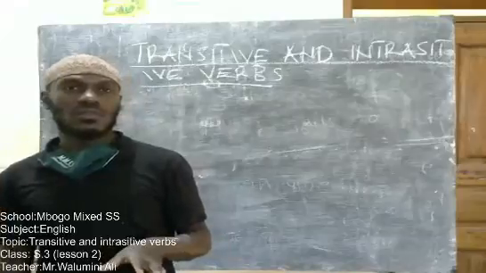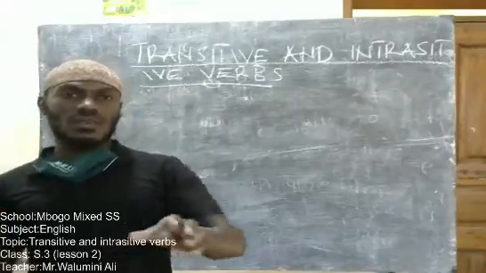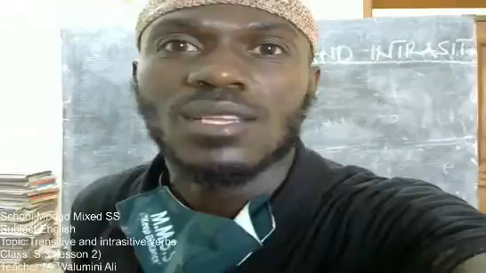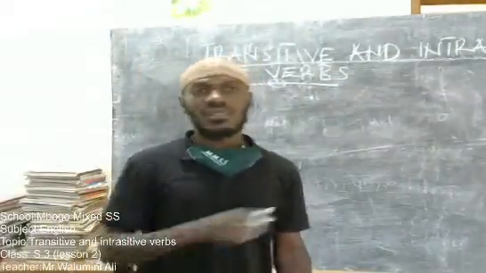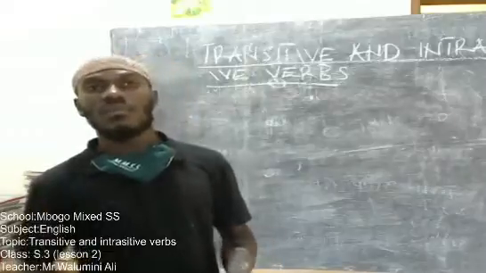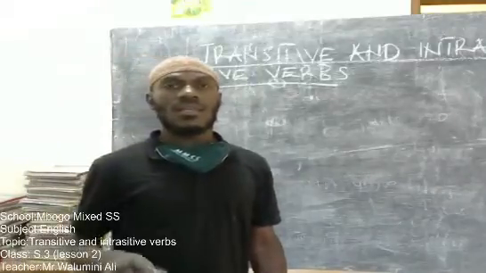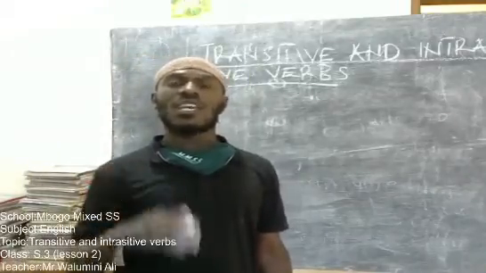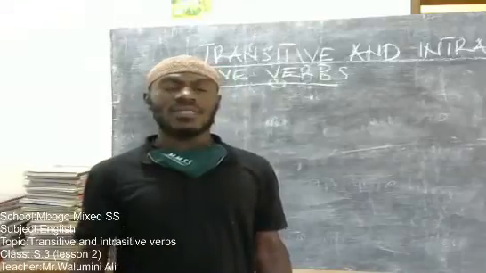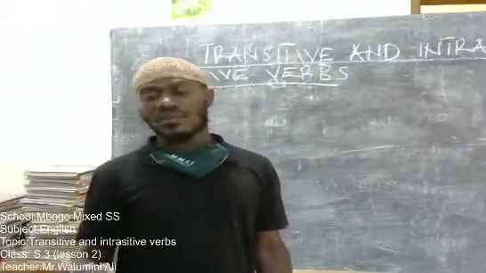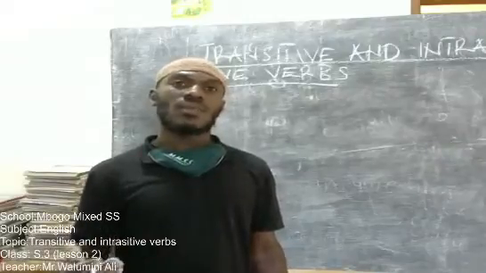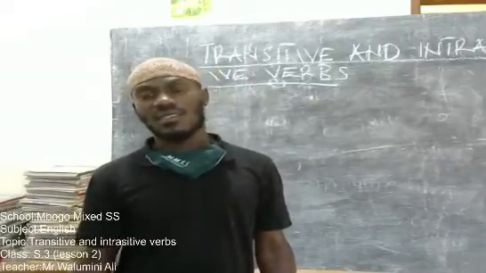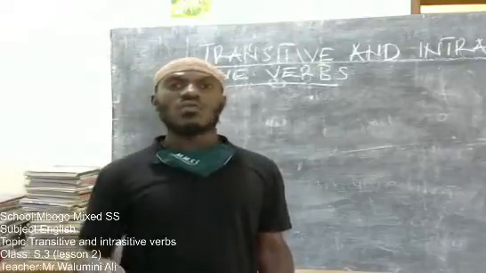First of all, I'd like us to know what the word verb is before we go to those types of verbs. A verb is an action word. In your primary schools, they used to call them the doing words.